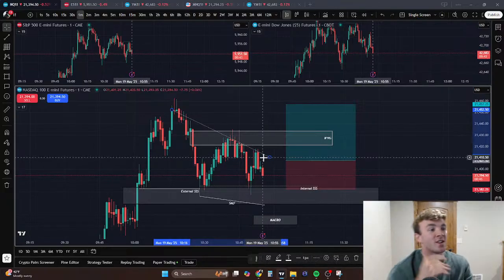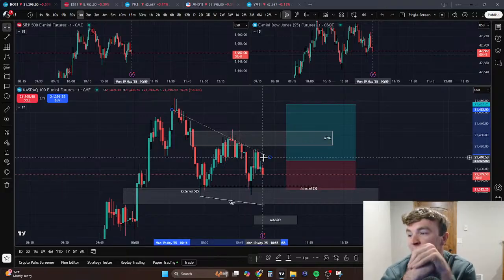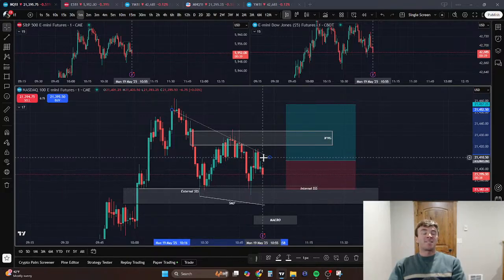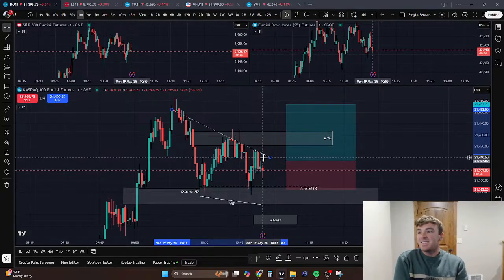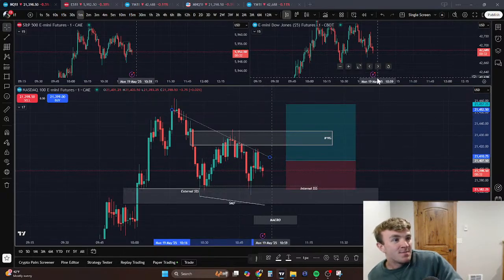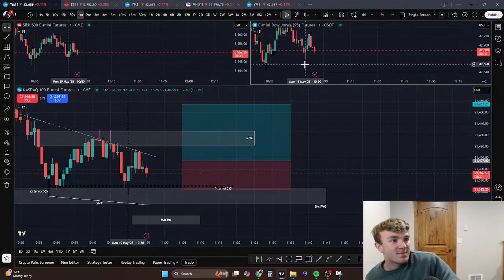Oh, this is such a good trend line, dude. This could be a really good trade, especially if we get SMT. If we get SMT, patience is everything.